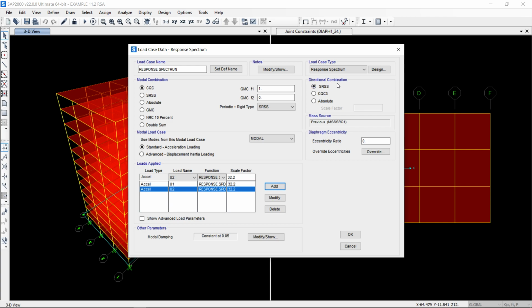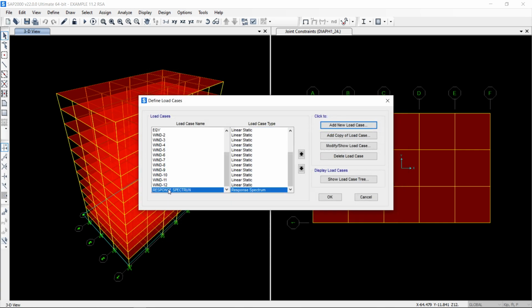When we add this option, it will square all the parameters and then sum them, and then it will find the square root. What is the advantage? All the negative values will become positive. So we will not have any negative value over here. That's why this is the preferred option. No eccentricity, nothing, fine.